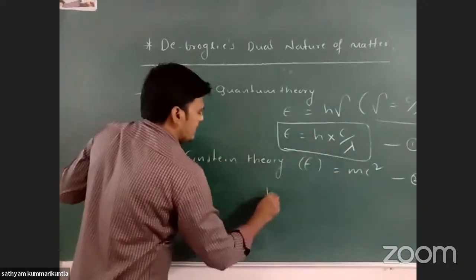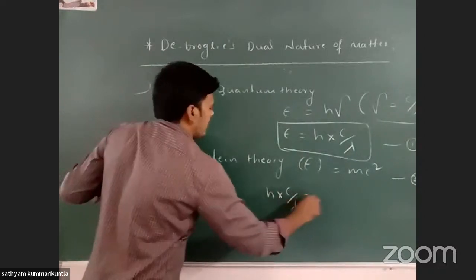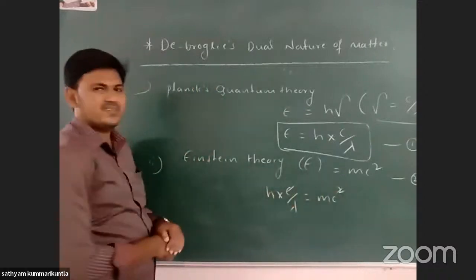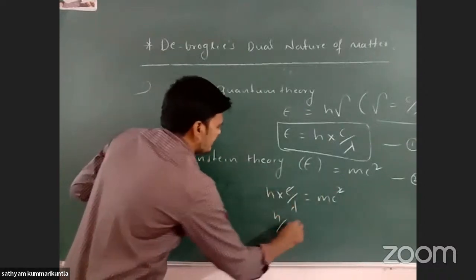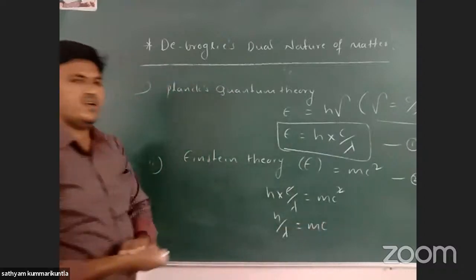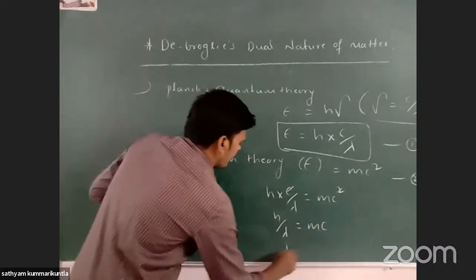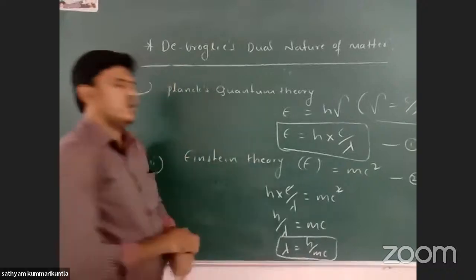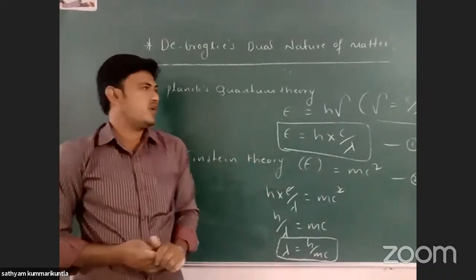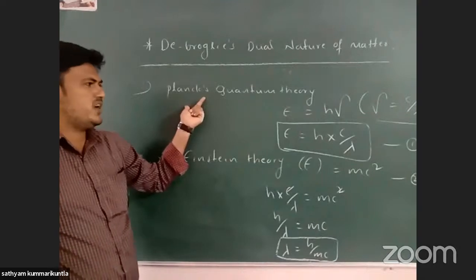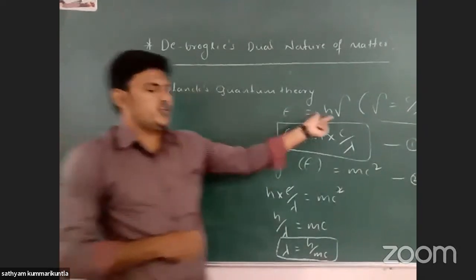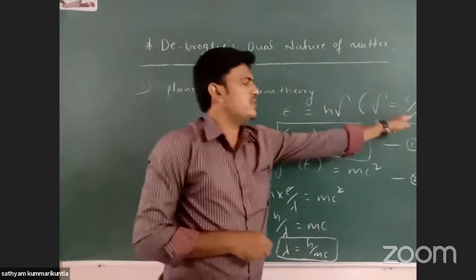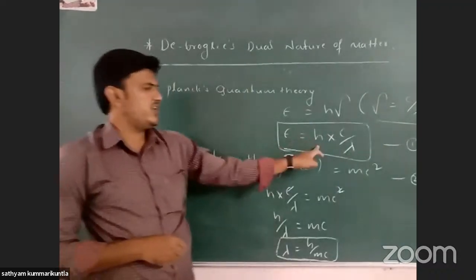Nu is frequency, but nu is equal to c by lambda, so E is equal to h into c by lambda.